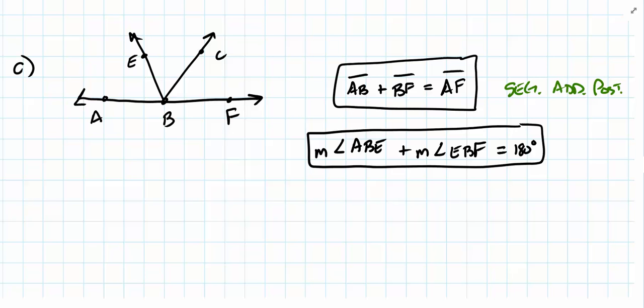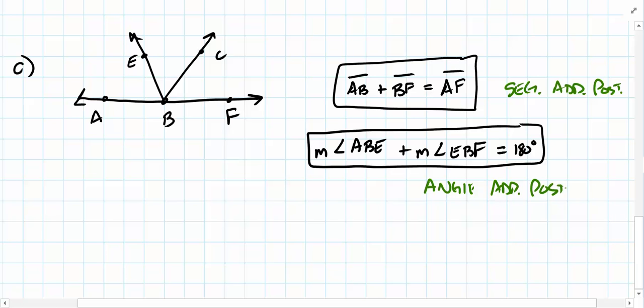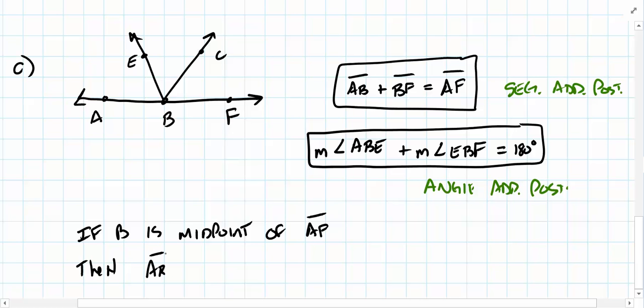You are 100% right. That is the angle addition postulate. Awesome work, okay? And then the third statement I'm going to make about this particular thing is if B is the midpoint of line segment AF, then line segment AB is congruent to line segment BF.